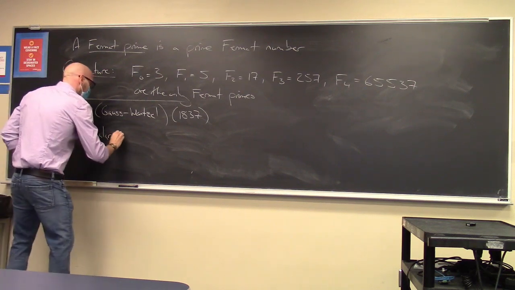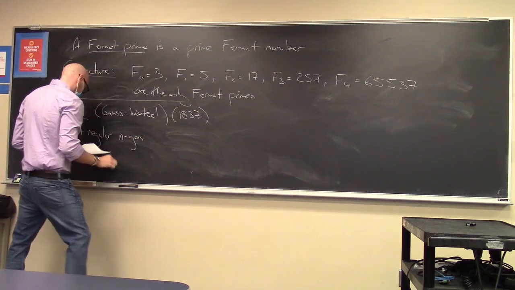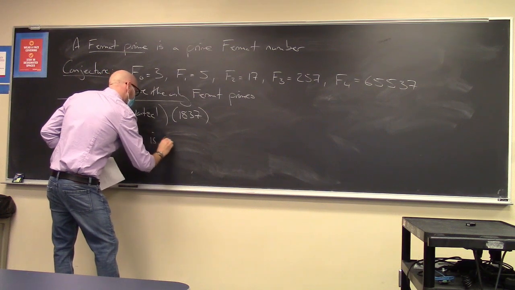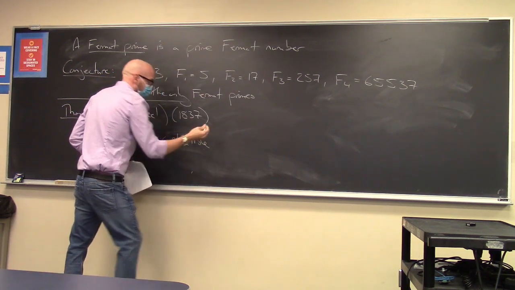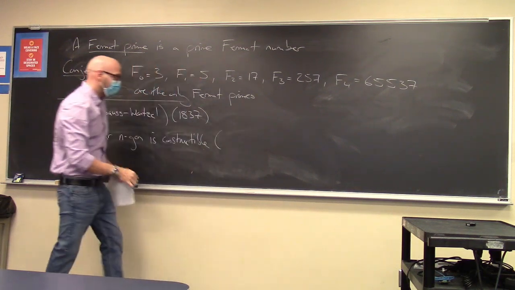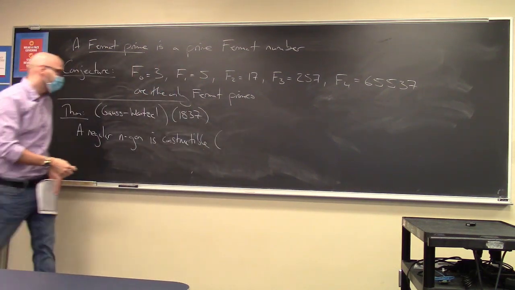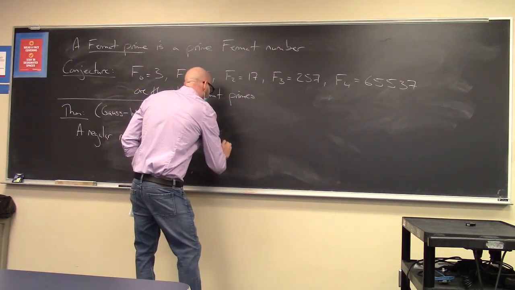And it says this: a regular n-gon is constructible. Of course, constructible by definition means with a compass and straight edge, but I'll put it here for completeness anyway.